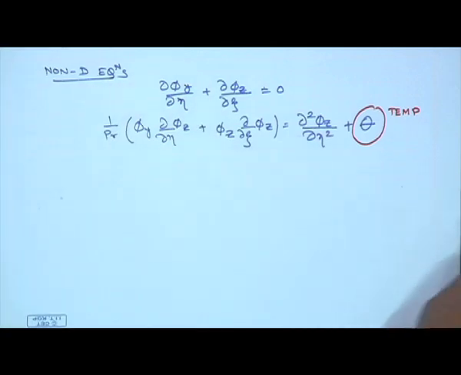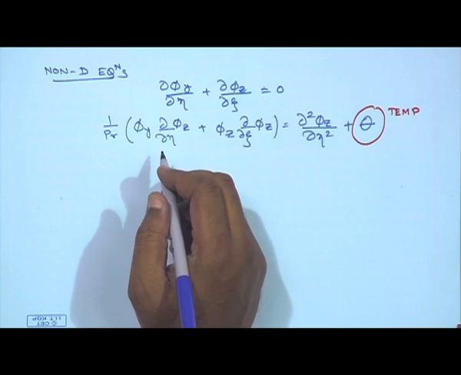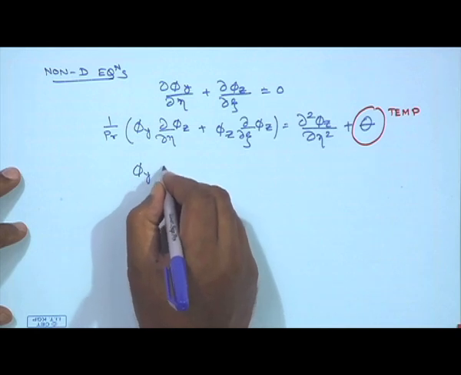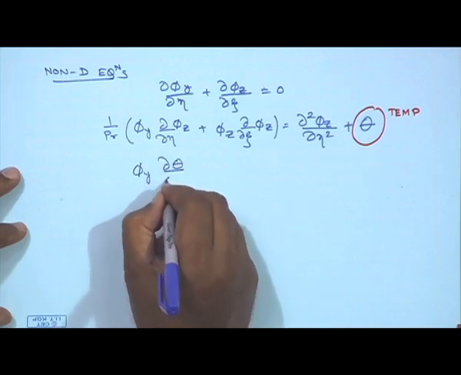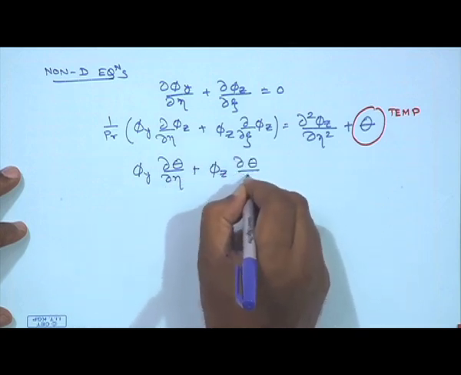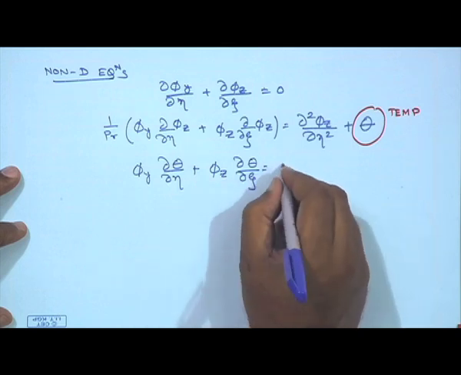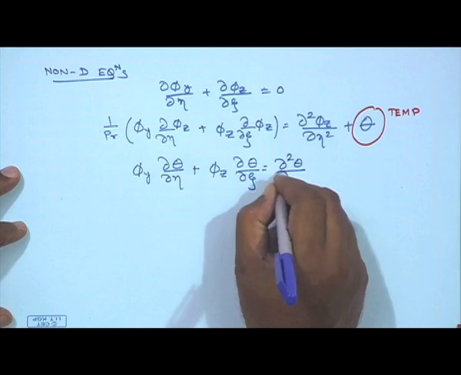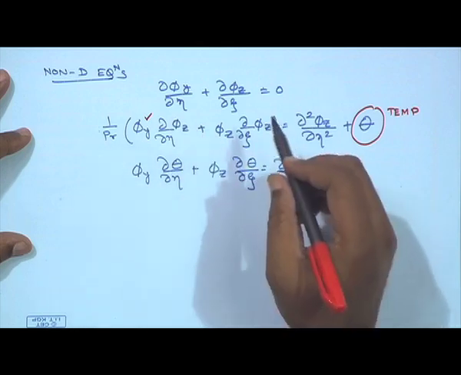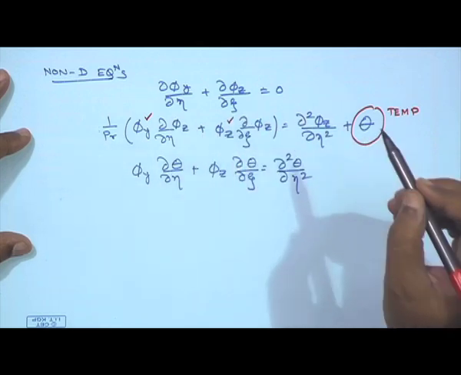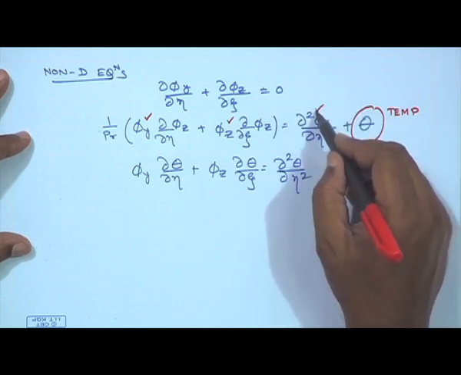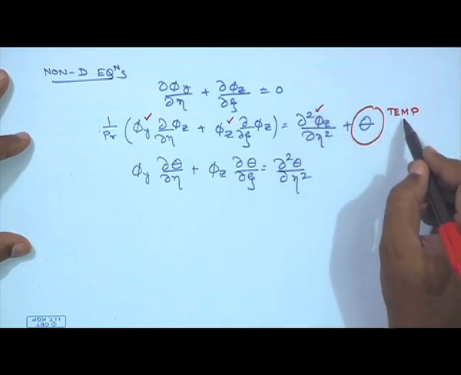And the equation of energy becomes phi y del theta by del eta plus phi z del theta by del zeta equals del square theta by del eta square. So, this is the convective momentum transport, diffusion momentum transport or conductive momentum transport.